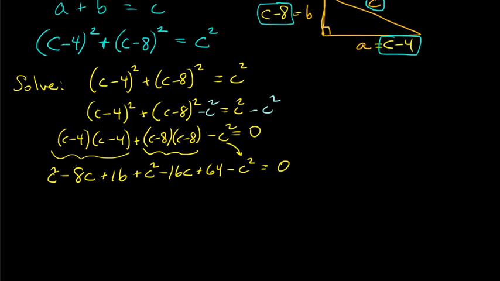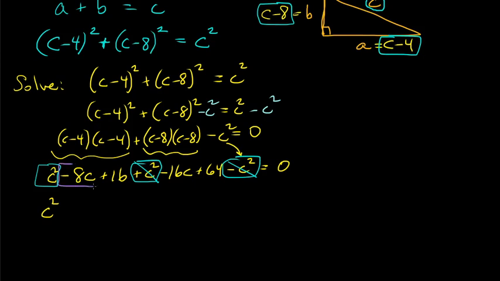Okay, so now we just combine like terms. We have C squared plus C squared, that's 2C squared, minus 1C squared. Or if you like, C squared minus C squared is 0, but we still have this C squared on the left. What else do we have?